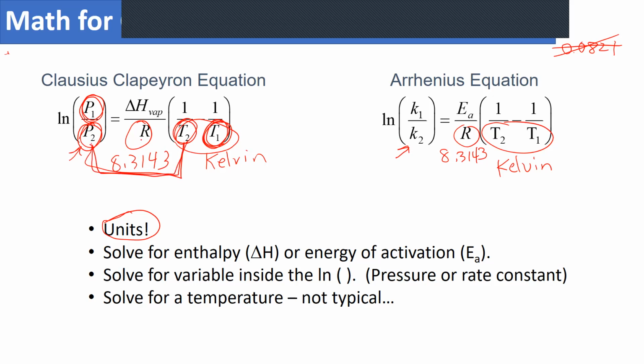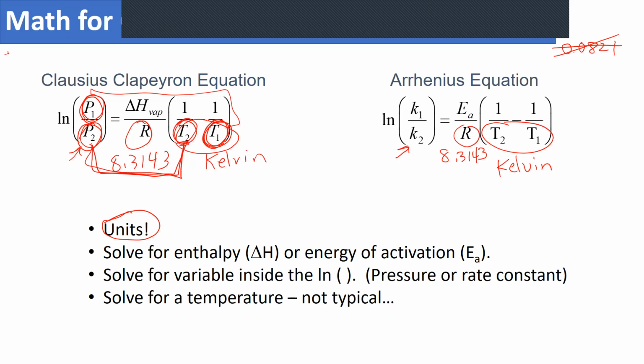This pressure goes with this temperature, and this pressure goes with this temperature. There are multiple versions of these equations that rearrange the temperatures and pressures and negative signs, so make sure you pick one equation and use it consistently.